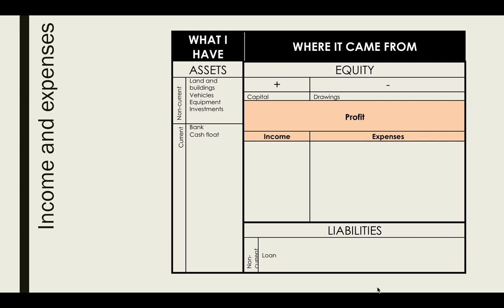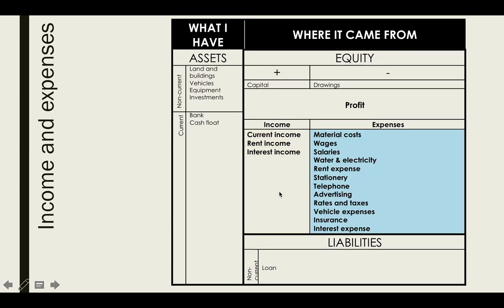So if we have a look at our accounting equation, it looks like this. Do you remember that your equity was made up of your capital and drawings, and your profit is made up of all your incomes and all of your expenses? Incomes could have been things like your current income, rent income, interest income, as well as sales, etc. Your expenses would then be your cost of sales, as well as things like material costs, wages, salaries, water and electricity, and all of these other bits and pieces.